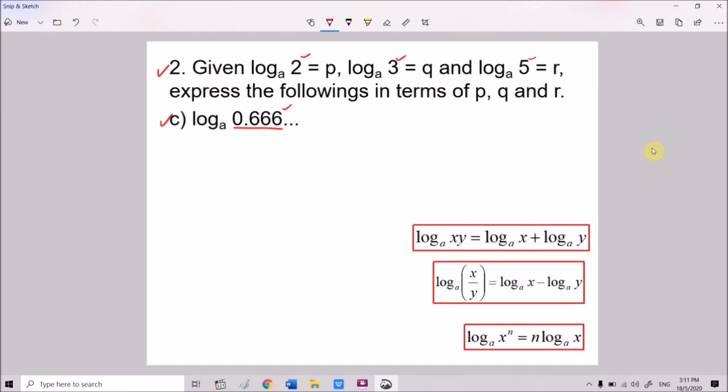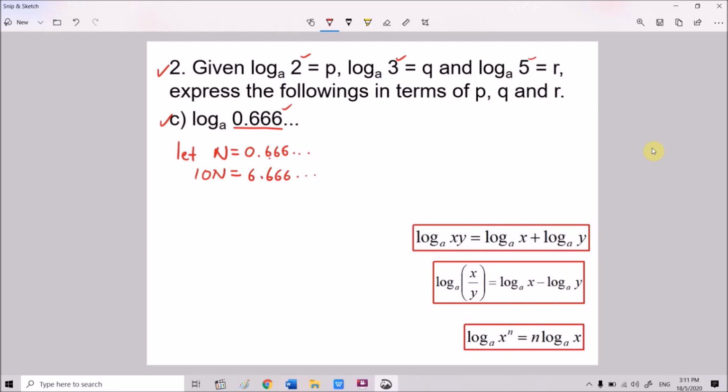So we try to convert this to a fraction by first letting n equal 0.666 recurring, and then we multiply by 10 on both sides, because there is only one recurring number, which is 6. So when we multiply by 10, I get 6.666 and so on.